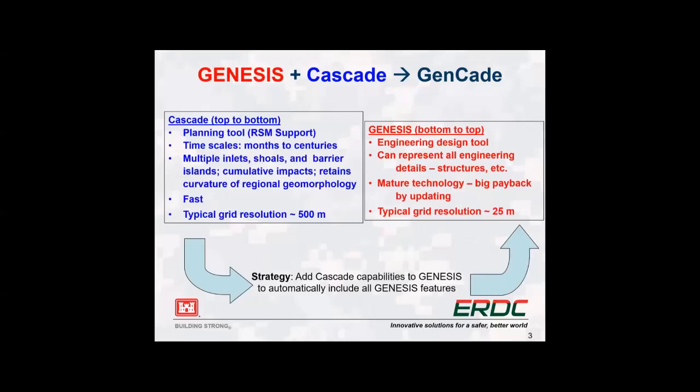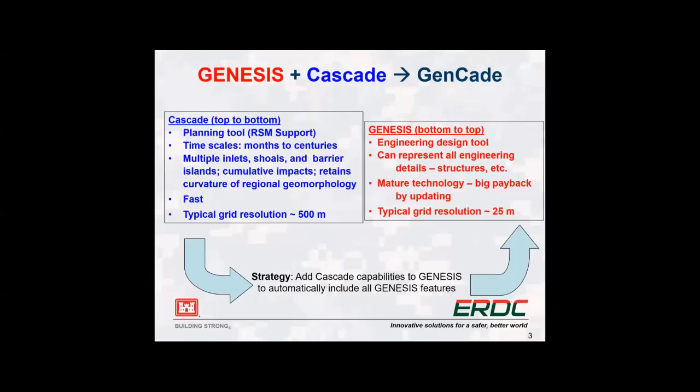GenCade came about as a combination of the two existing tools, Genesis and Cascade. It is the explicit formulation of Genesis, and it combines the two tools to add the features from Cascade, such as inlets, shoals, and barrier islands, to Genesis. The typical resolution of Cascade was about 500 meters. It was more of a planning tool for regional sediment management.